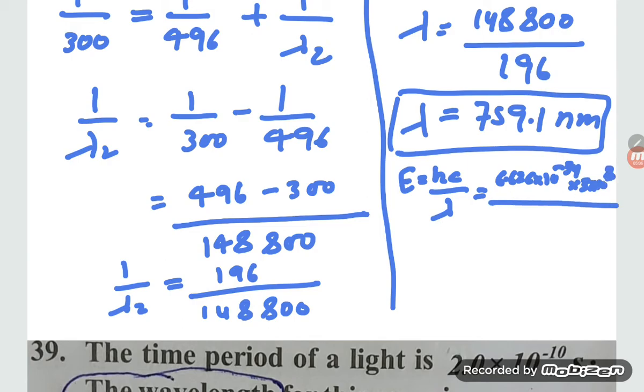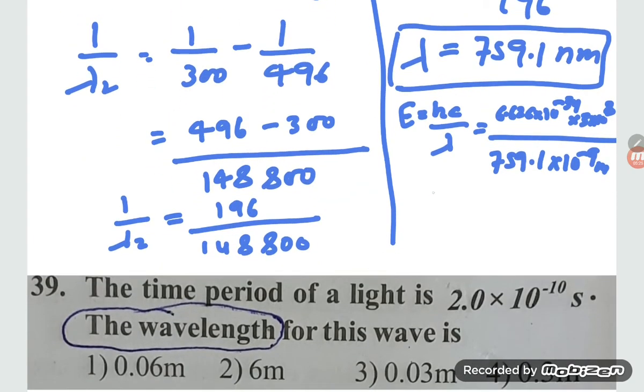It is in nanometer, so you convert it into meter, because the speed of light is in meter: nanometer means 10 power minus 9 meter. So it will give the answer in joule. You solve it out, student.